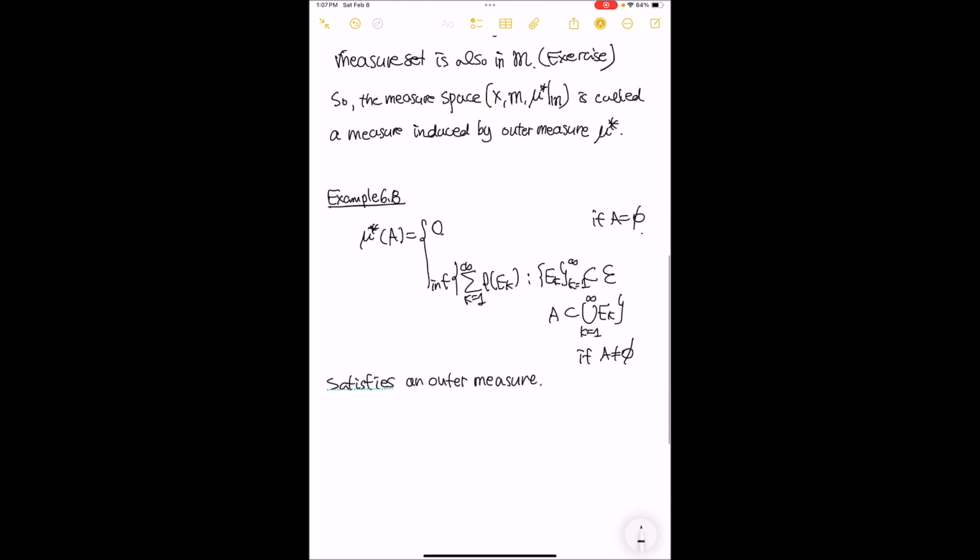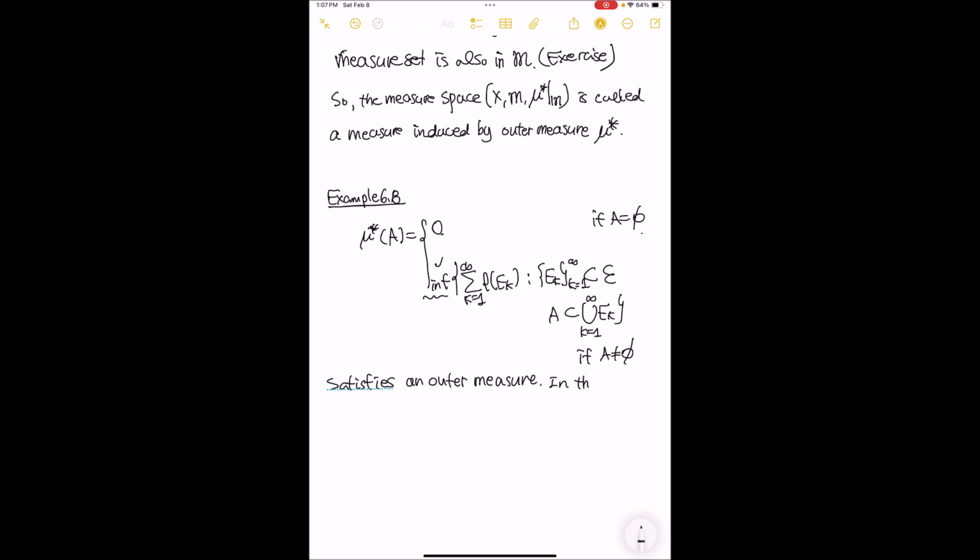That is so abstract, but if we understand this part, that is a fundamental step to construct the Lebesgue measure.